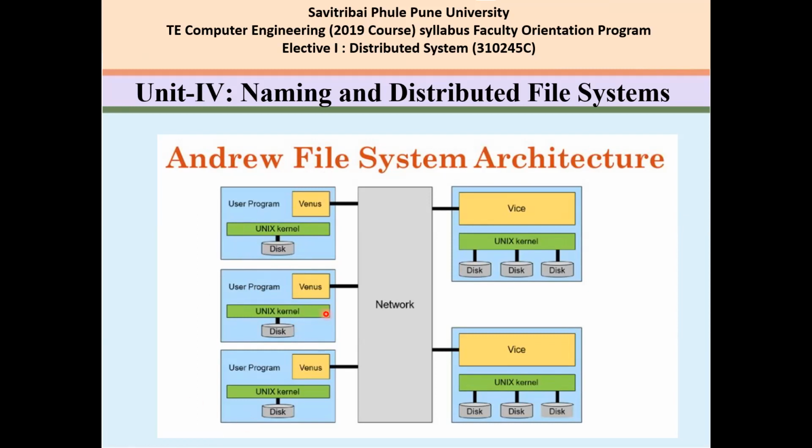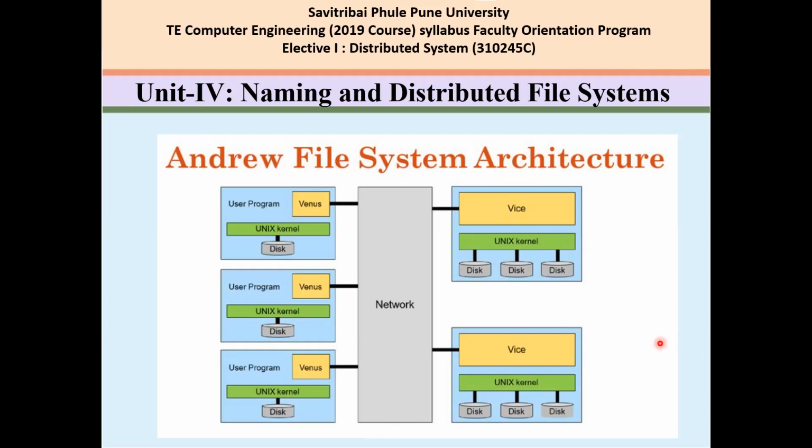All these communications from each user program are done via Venus. So Venus is the interaction module at the client side, which gets all the requests coming from the individual user programs, and they traverse this network and reach the individual Vice servers. Again, it is a set of servers, a number of them connected with each other, with the Unix kernel connected to multiple disks or data stores.